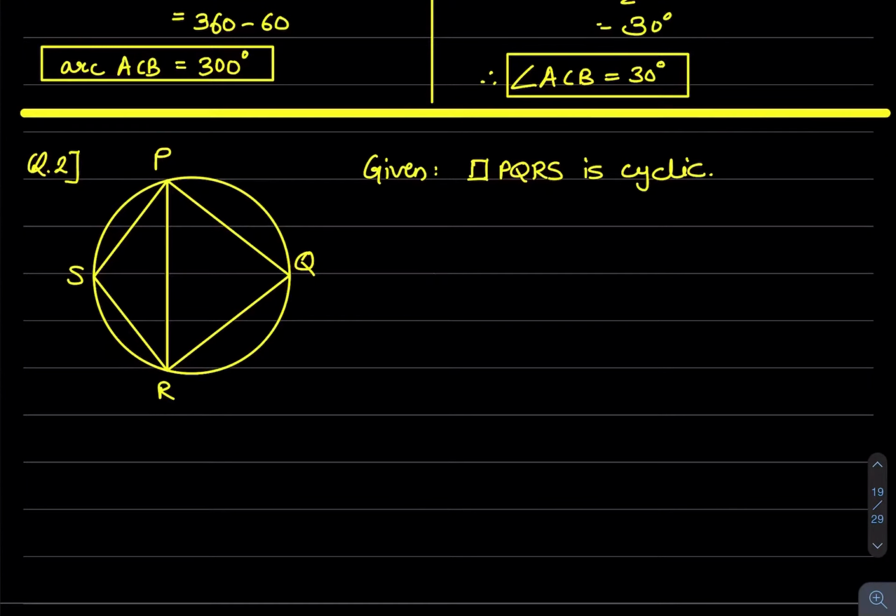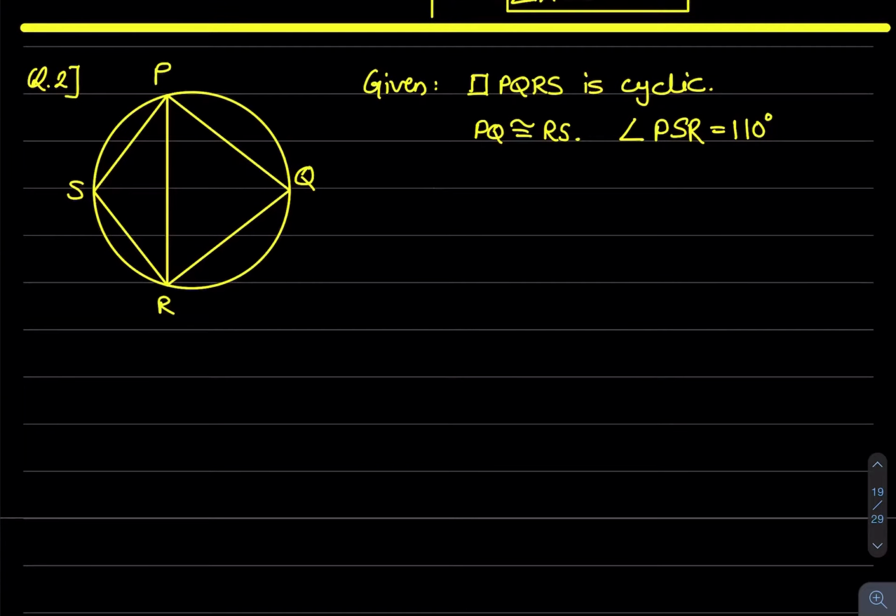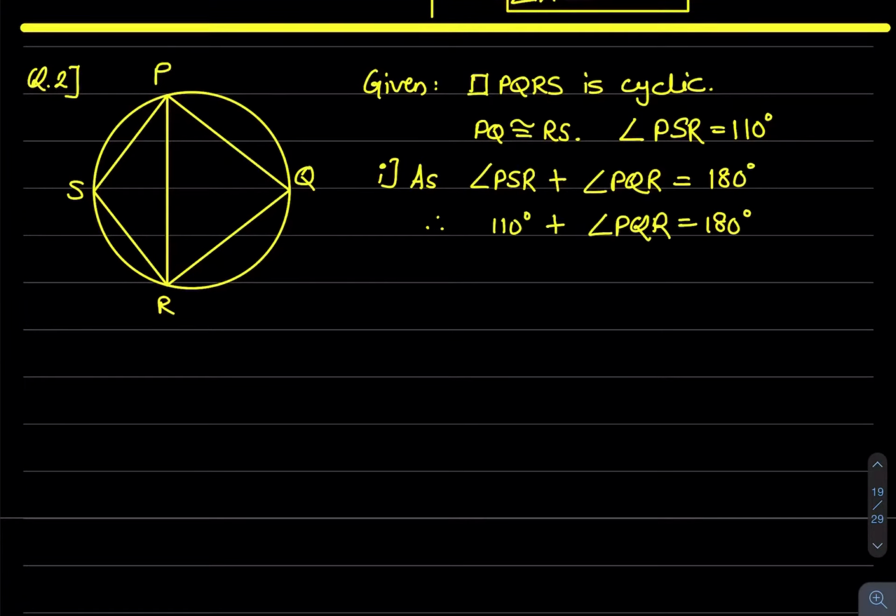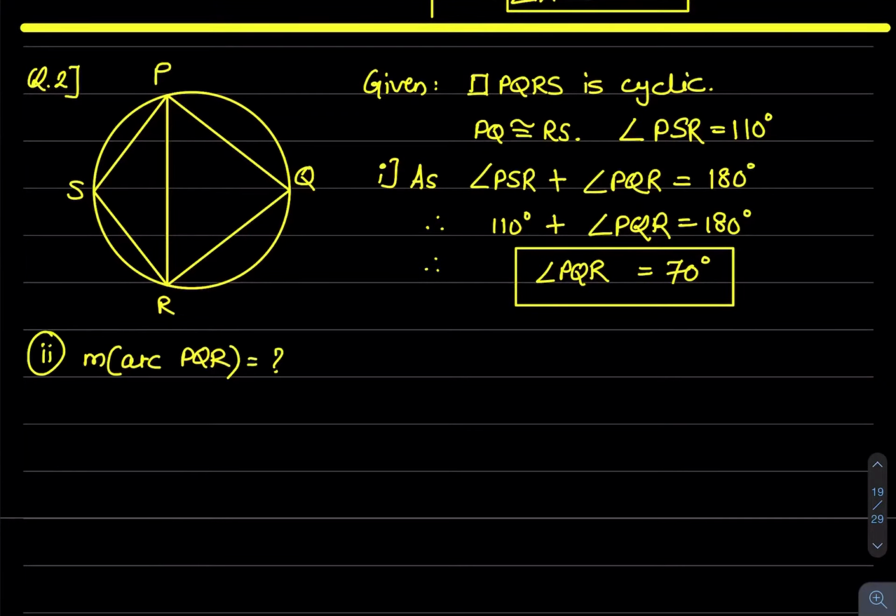Given PQRS is a cyclic quadrilateral and PQ congruent to RQ and angle PSR is 110 degrees. Now as angle PSR plus angle PQR will be 180, which is the property of a cyclic quadrilateral that opposite angles are supplementary, so 110 degrees plus this angle equals 180. So angle PQR will be 70 degrees.